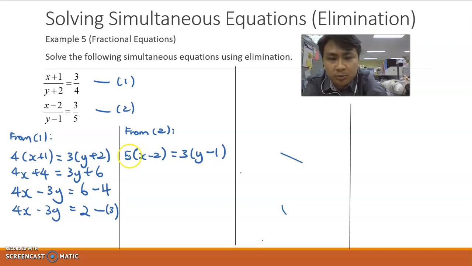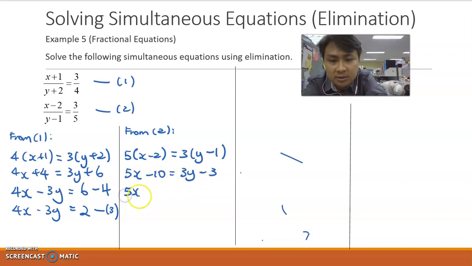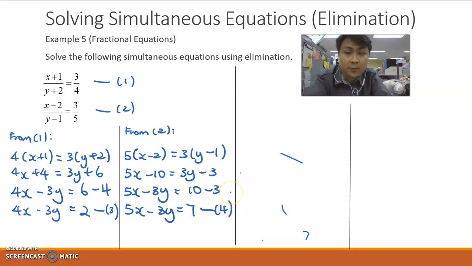Apply our distributive law. 5x minus 10 is equals to 3y minus 3. Arrange in x, y equals to number. So 5x minus 3y will be equals to 10 minus 3. Simplify. 5x minus 3y will be equals to 7. We label this as equation 4.